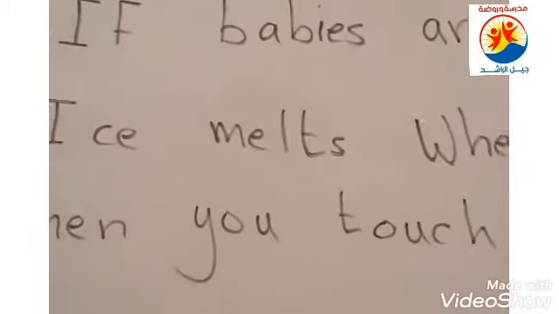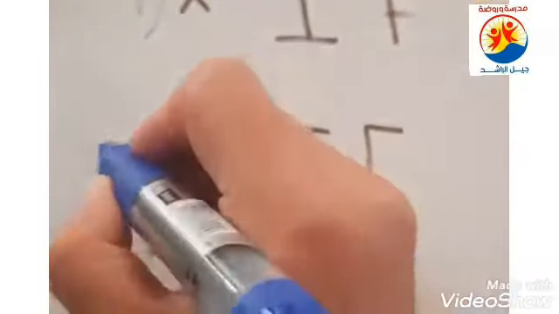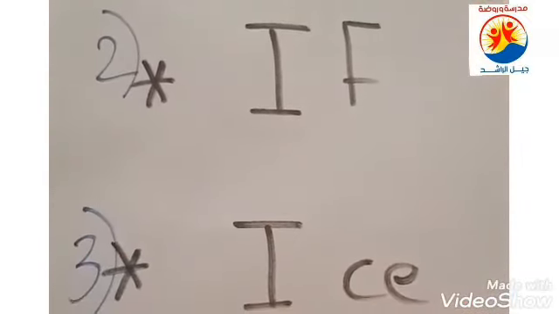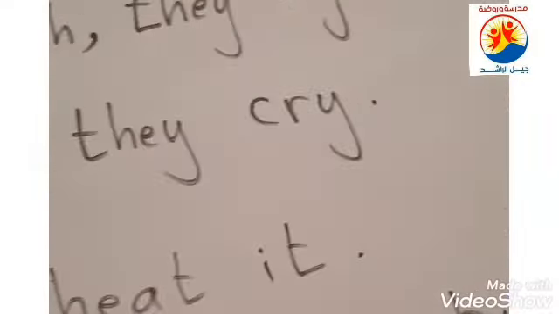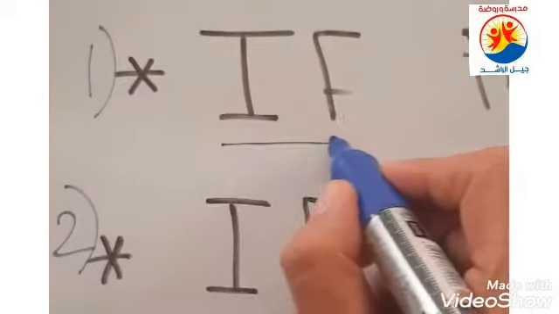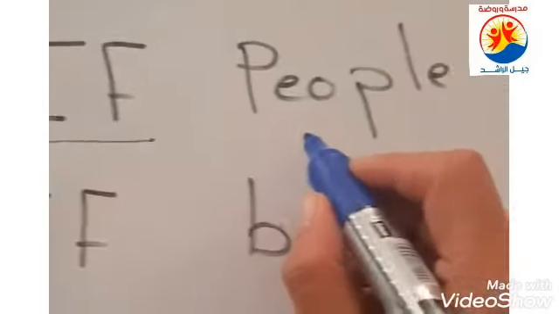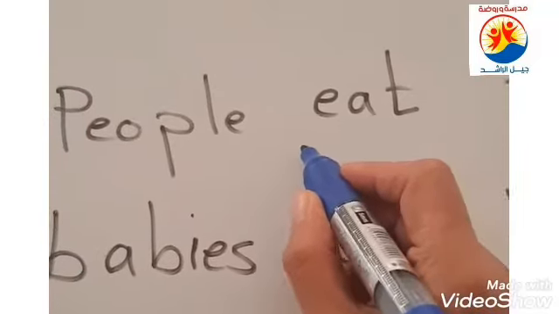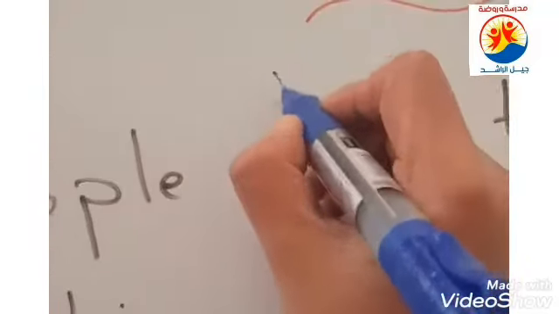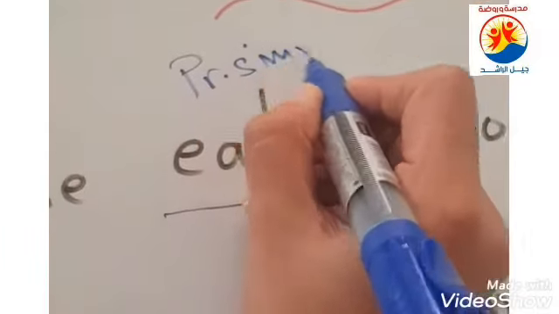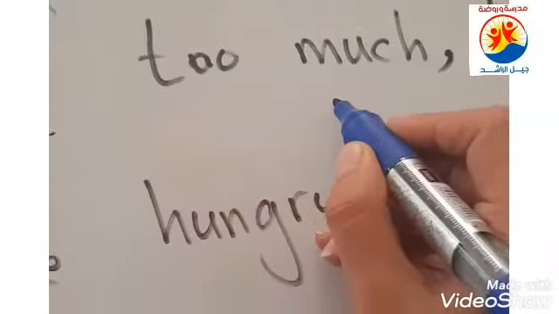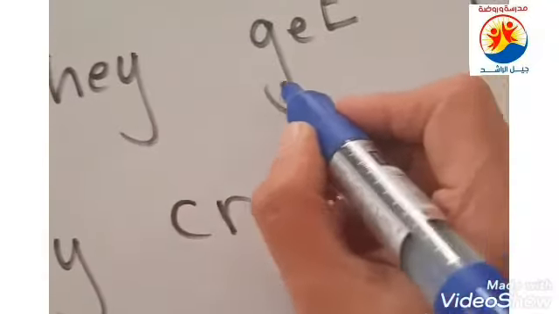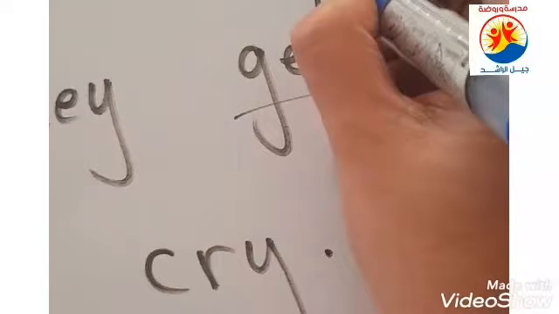Okay. Now look at these sentences, numbers 1, 2, 3, 4. Sentence 1: if people eat too much, they get fat. If at the beginning of the sentence. If people eat, present simple, too much, they get, present simple.